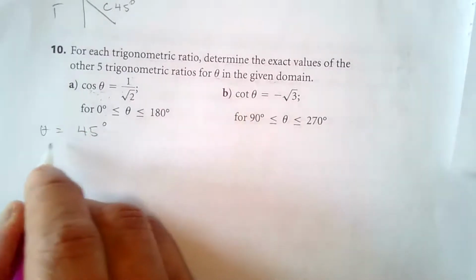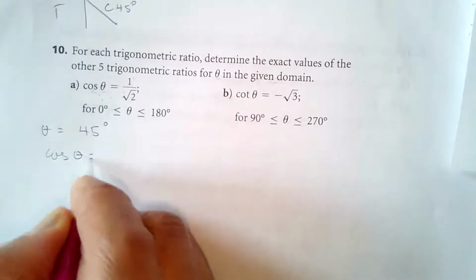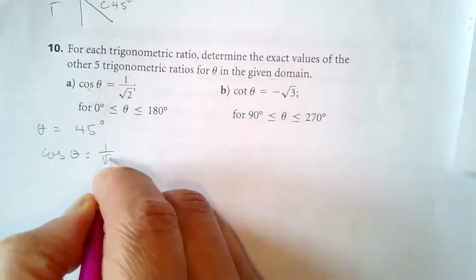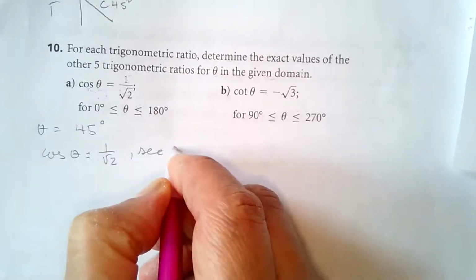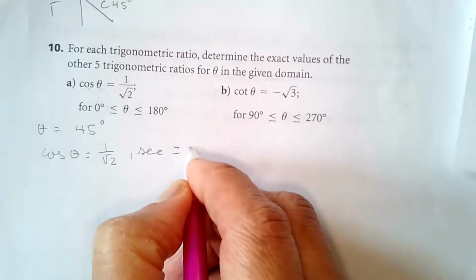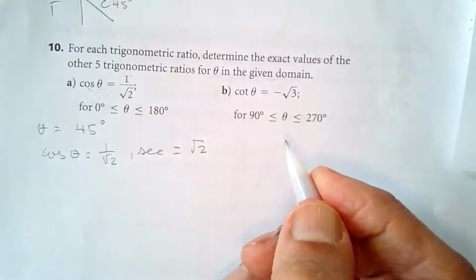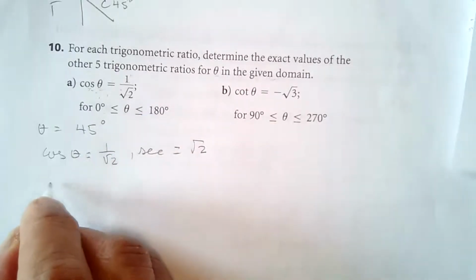So cos theta is equal to 1/√2, and secant is equal to √2, right? So we're looking at 45 degrees now.